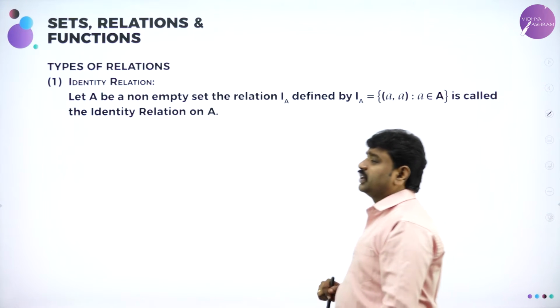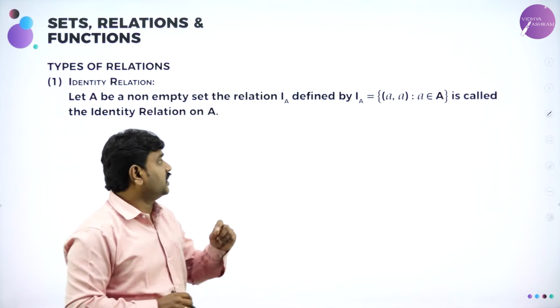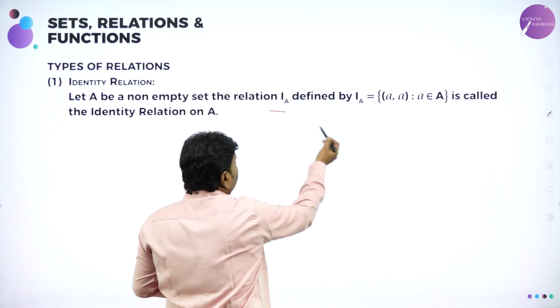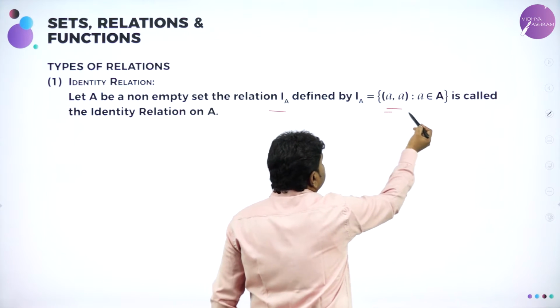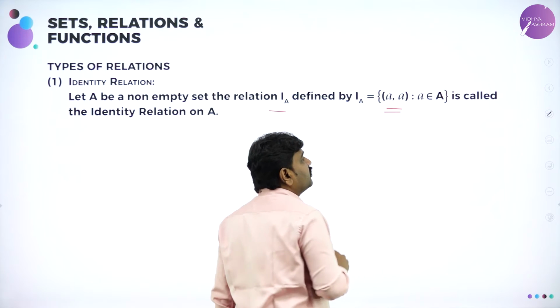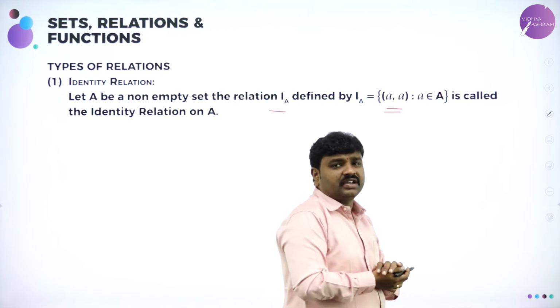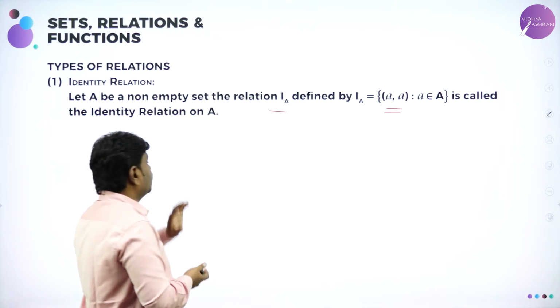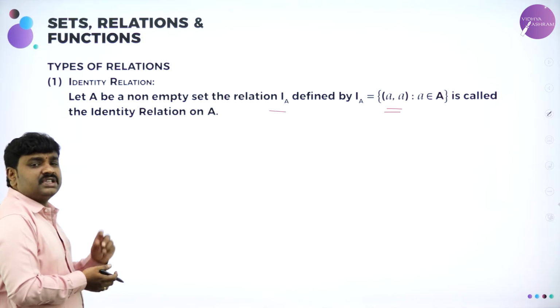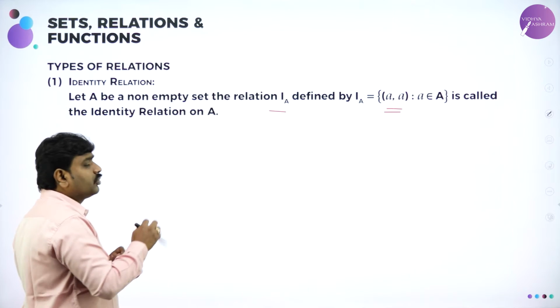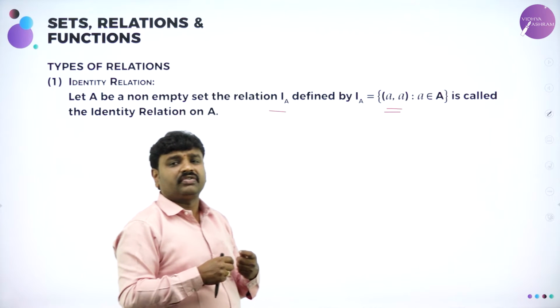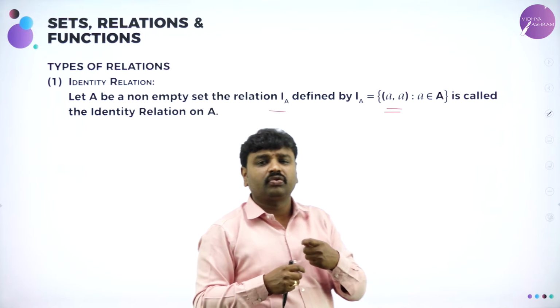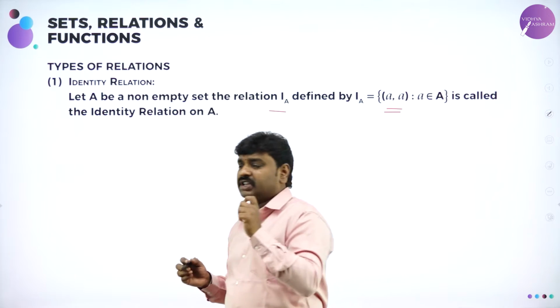Then identity relation. A non-empty relation I_A is defined by I_A equal to (a, a), meaning an element is related to itself and a belongs to the given set. This is called an identity relation. For example, take is equal to: any element is equal to itself. 2 is equal to 2, 3 is equal to 3, 4 is equal to 4, 1 is equal to 1.